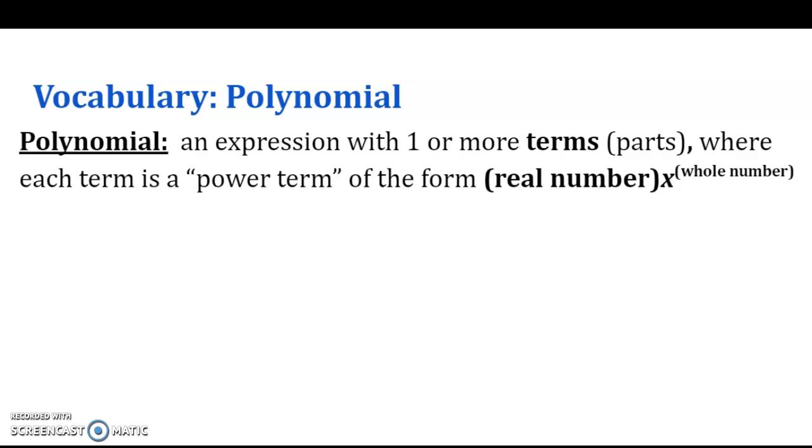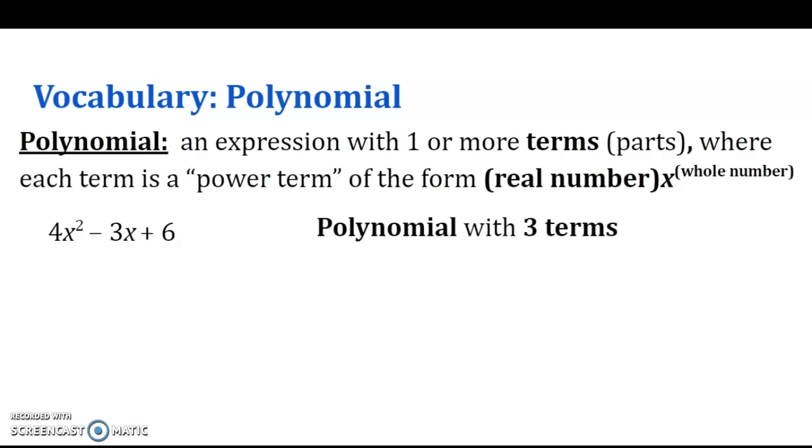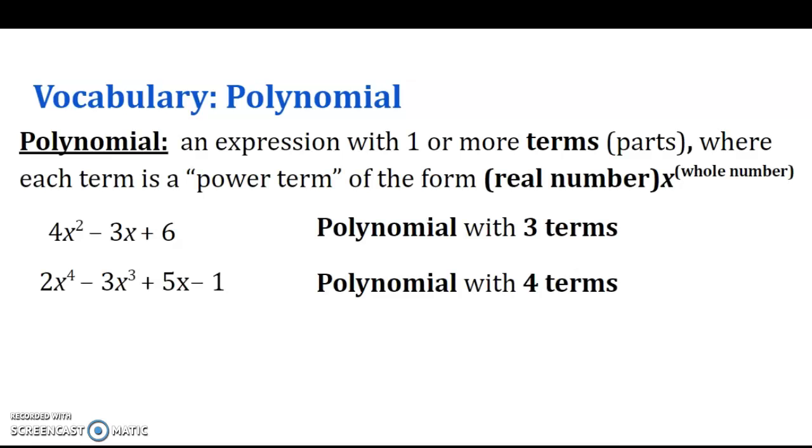Alright, so some more vocabulary. Polynomial. What's a polynomial? It's an expression with one or more terms, where each term is a power term of the form real number times x to the power of a whole number. So if you have 4x squared minus 3x plus 6, each term has a power term, so we have x squared and x here. So this is a polynomial with 3 terms, and this is a polynomial with 4 terms.